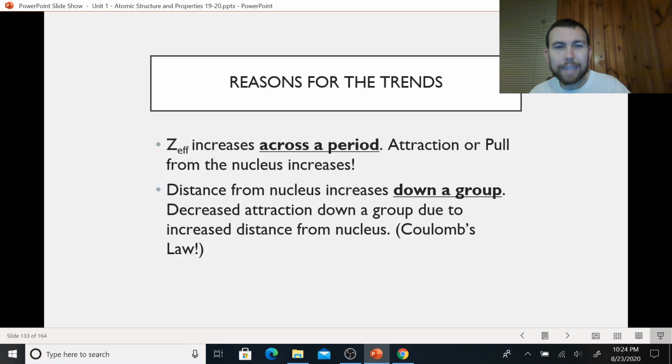Both of those ideas are going to help us better understand size, ionization energy, electronegativity, electron affinity, metallic versus non-metallic character. All these different things, we should be able to explain the trends using both of those pieces of information, effective nuclear charge and Coulomb's law.